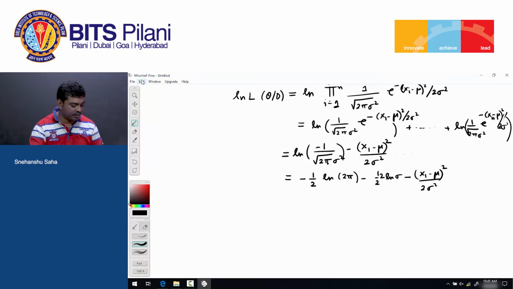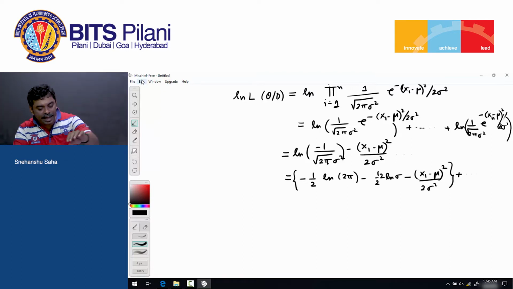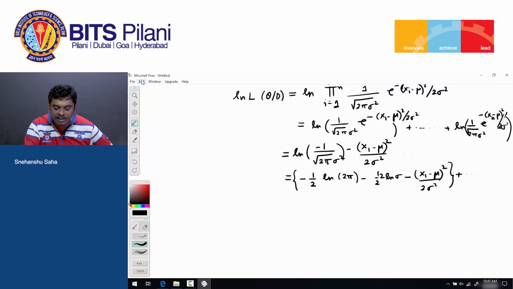This is only the first term. And I'll just write it together, and everything else is a replica except for the fact that the last term will change. So in the second parenthesis, you will replace this x1 with x2 and so on and so forth.